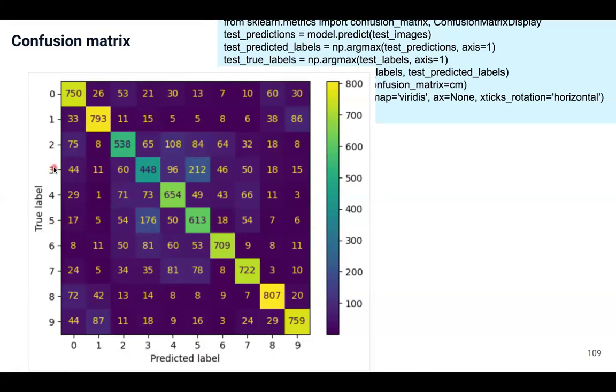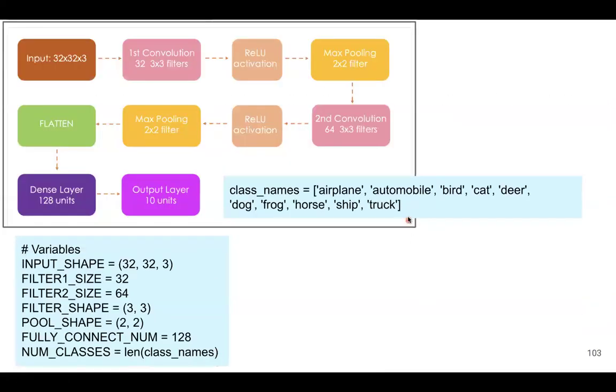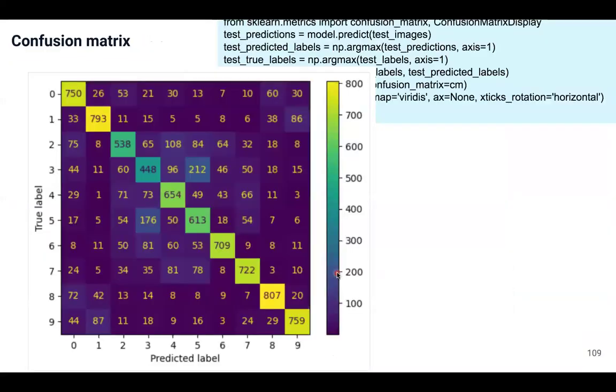It thinks whatever there is in 3, it thinks as 5. So you can actually go back and see what are your 3 and 5 that your network has so much difficulty to learn. So 3 would be 0, 1, 2, 3, a cat, and 0, 1, 2, 3, 4, 5, a dog. Okay, it confuses between cat and dog, makes sense.